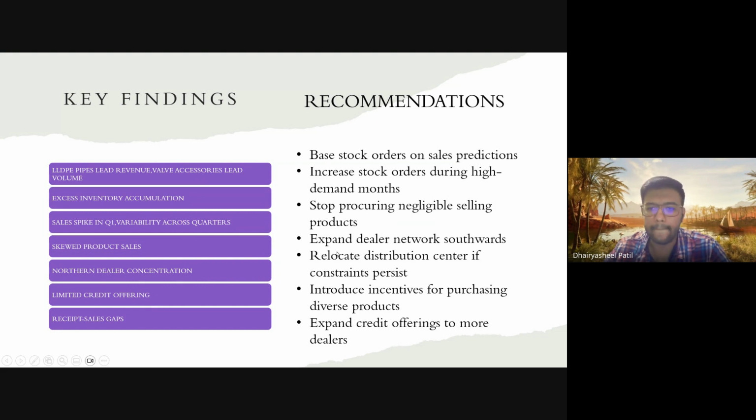And if it is not feasible to change the location of the delivery center, then we suggested that he could try, with his sales team, to expand his dealer network southwards.